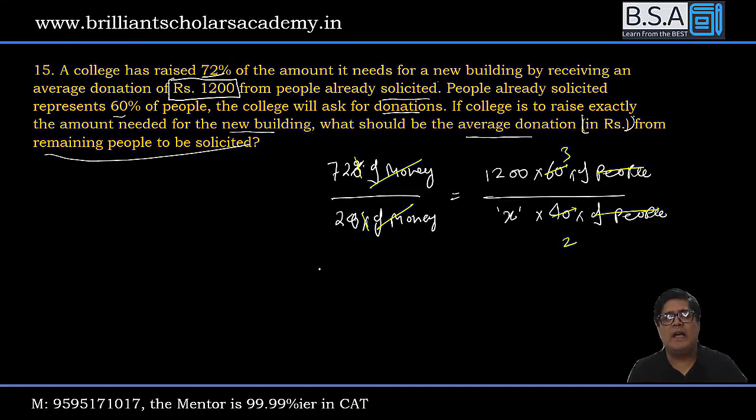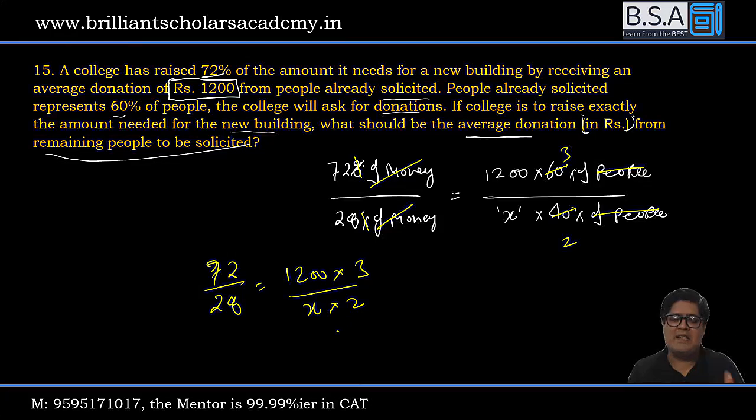This cancels as 3/2. So what I have effectively is 72 upon 28 is equal to 1200 into 3 upon x into 2. Cancel as much as possible, the answer is ready for you. So 12 into 3 is 36. 36 into 2 is 72. 2 into 14 is this. 2 into 7 is this.